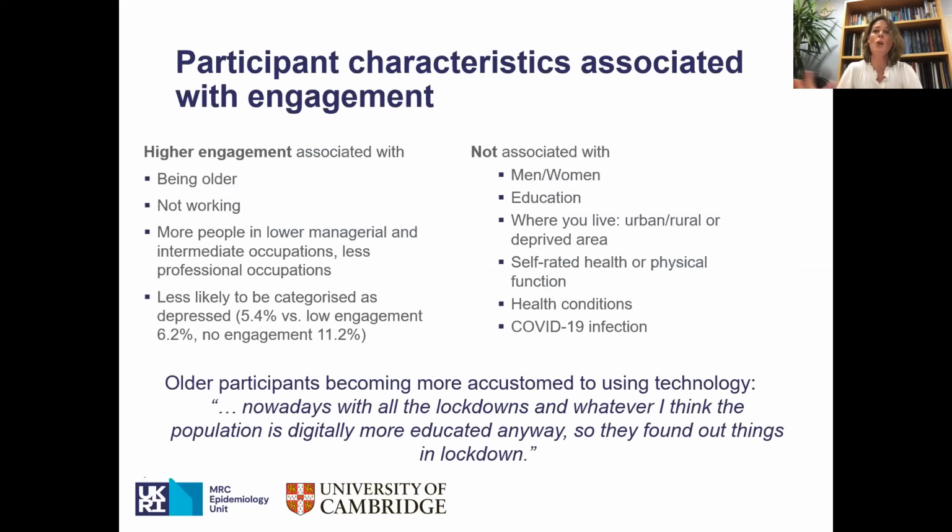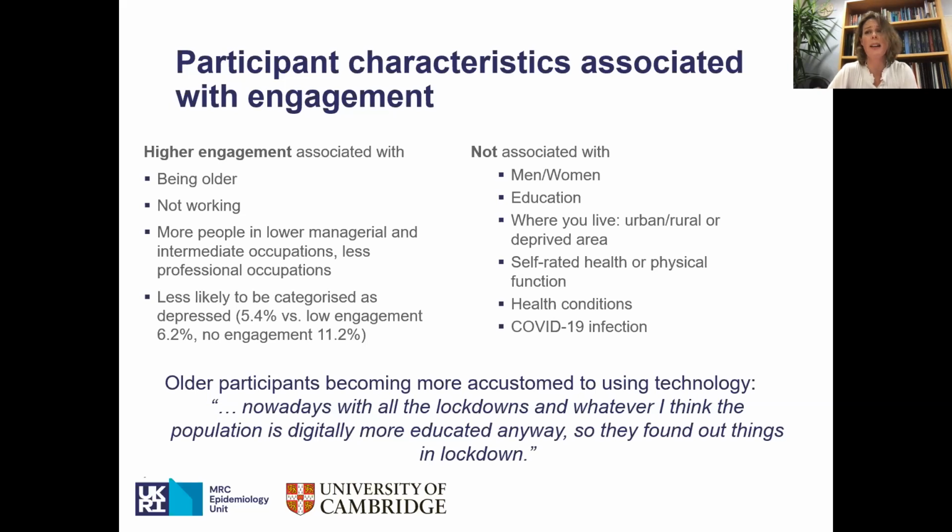So if we look at the long-term engagement, the engagement over that 6-month plus time period, we looked at the different sociodemographics and the information we collected. And higher engagement, much to my surprise, was very much associated with being one of the older members of the population. So this group were adults between 45 and 70, and it was very much that older 65 plus group that engaged the most.